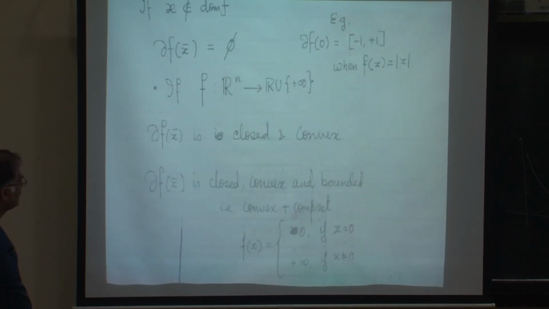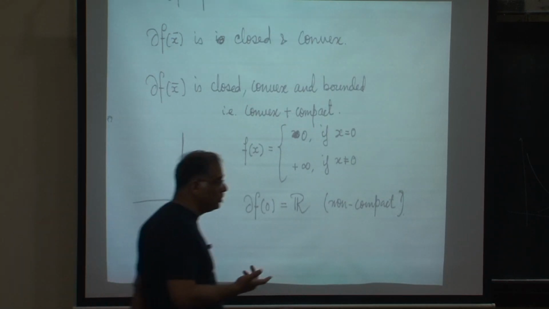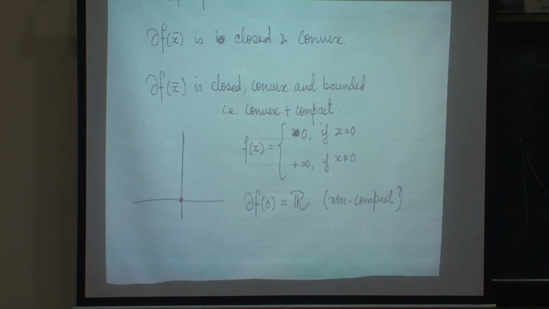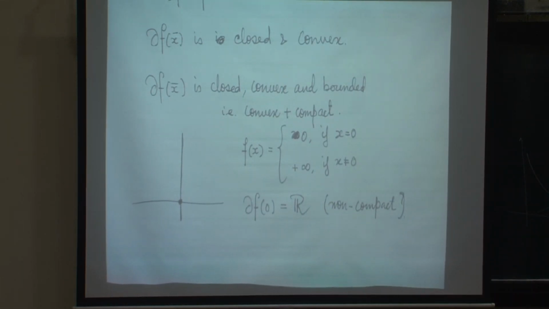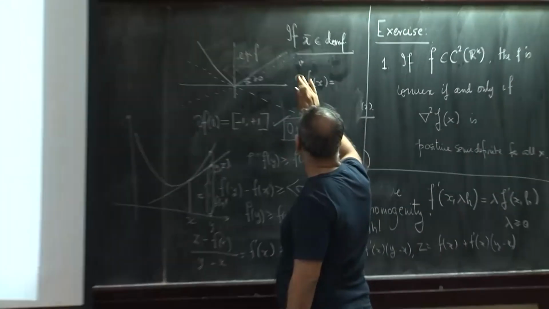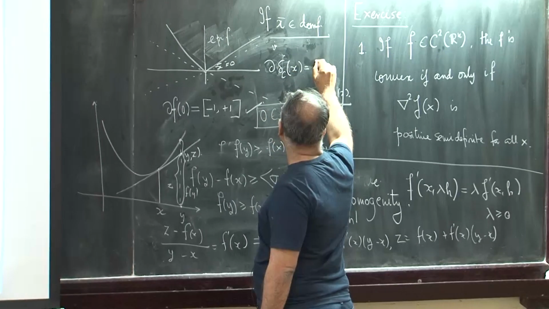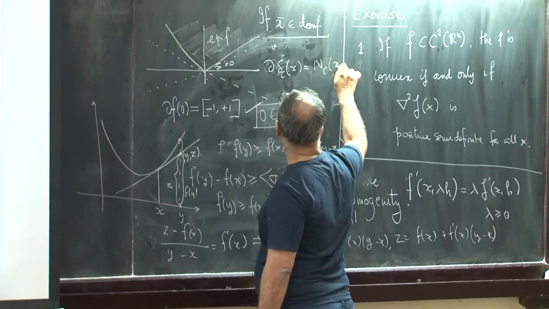There is an interesting fact: the subdifferential of an indicator function is the normal cone, which we had introduced in the last class. That is, the subdifferential of the indicator function is the normal cone to C at x.